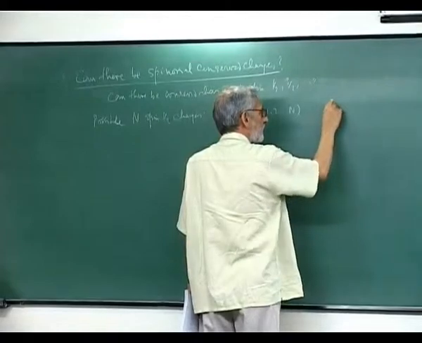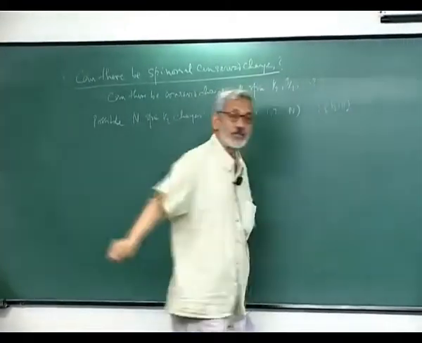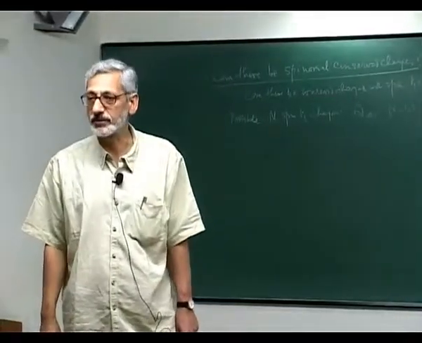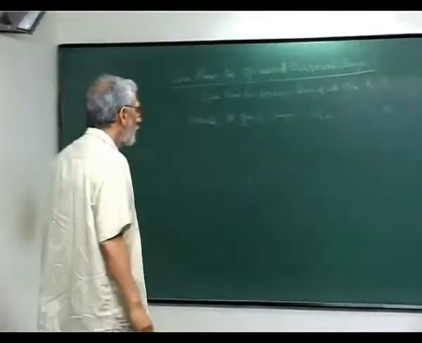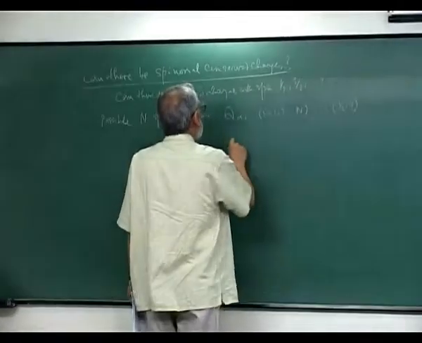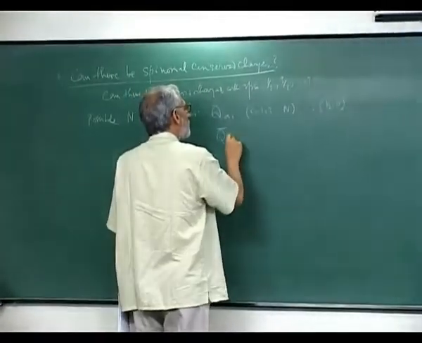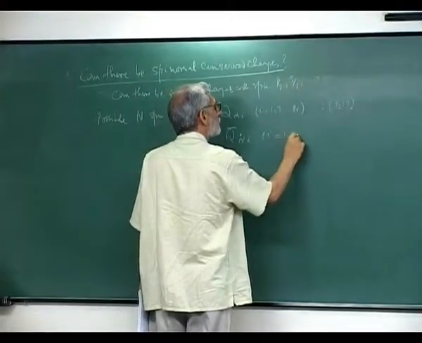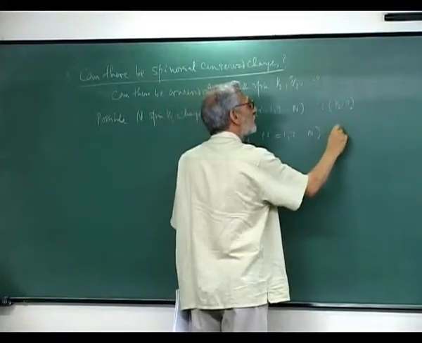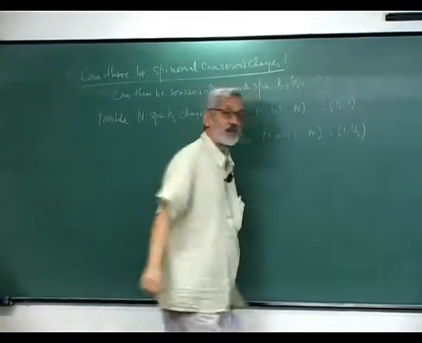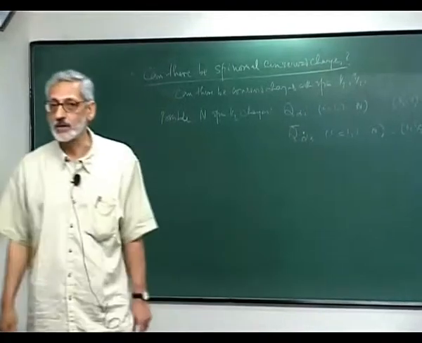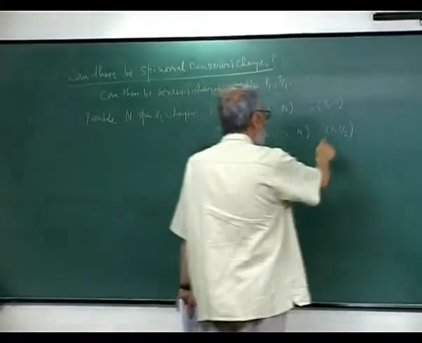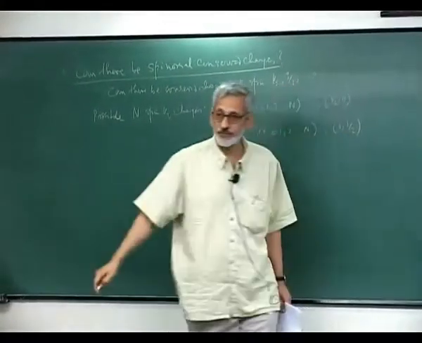And these are half zero representation of Lorentz group, left-handed spinorial charges with spin half. And there could be correspondingly right-handed spinorial charges with spin half, and that will correspond to Lorentz group representation 0 half.